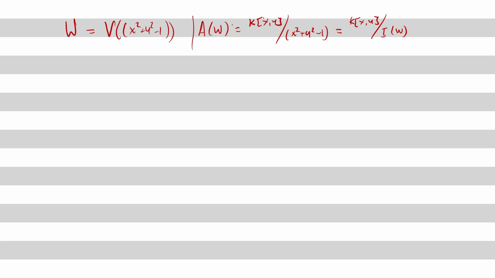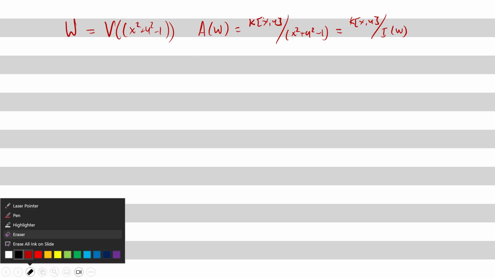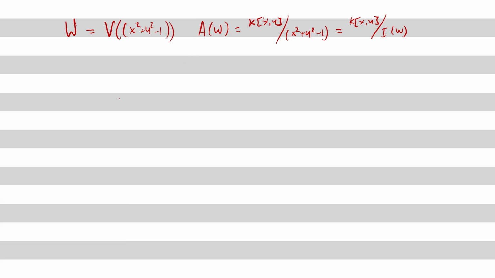This is the equivalence classes of functions which don't vanish on W. That's what the affine coordinate ring of an algebraic set is.